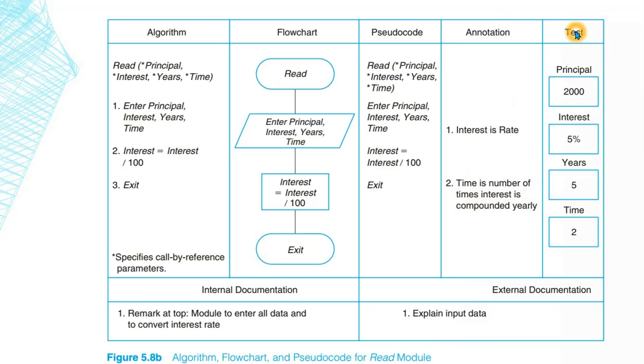The most important is testing. For example, here I entered principal 2000, interest 5, then it was converted to 5%, years 5 and time 2. Okay, you put the internal documentation and external documentation you are using in your solution.